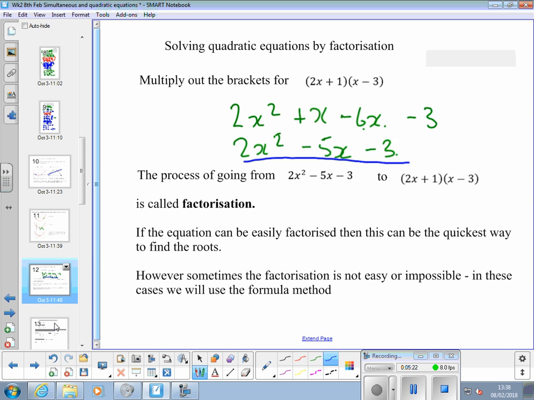If the equation can be easily factorized, then this can be the quickest way to find the roots. However, sometimes the factorization is not easy or impossible. In these cases, we'll use the formula method. More about that later. So, let's have a look at factorization.